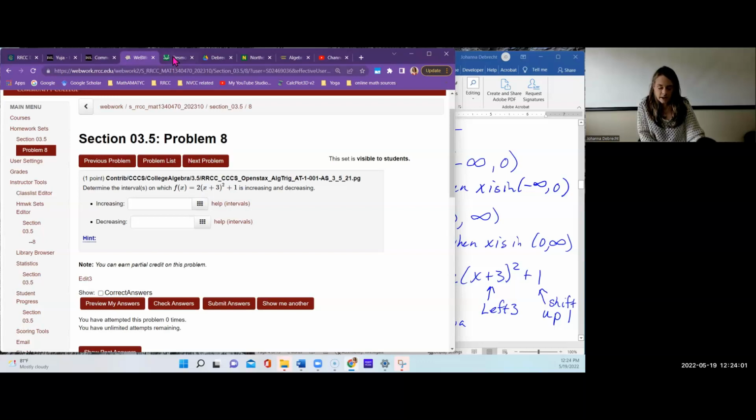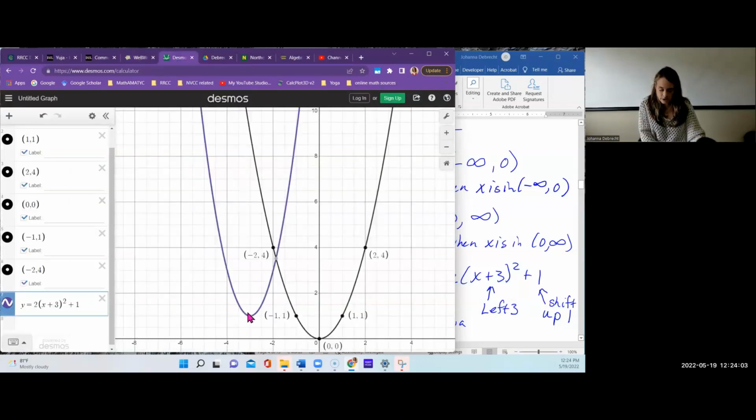Let's look at the graph again. Notice that the point 0, 0, which is where it stopped decreasing from -infinity to 0 and started increasing from 0 to infinity, took place. When we shift and transform the graph, we change the place where it does this change from decreasing to increasing.